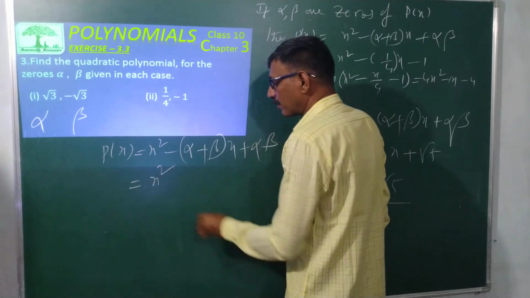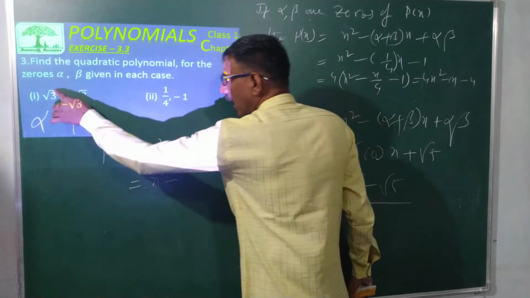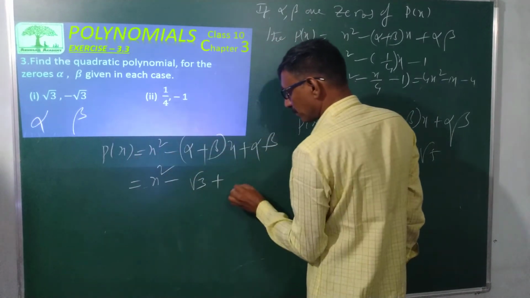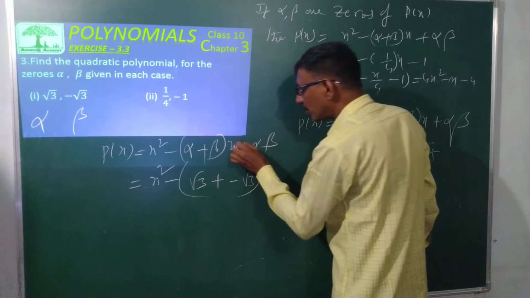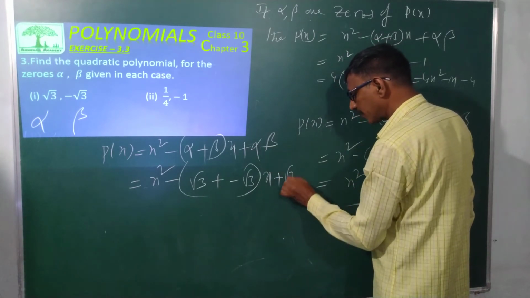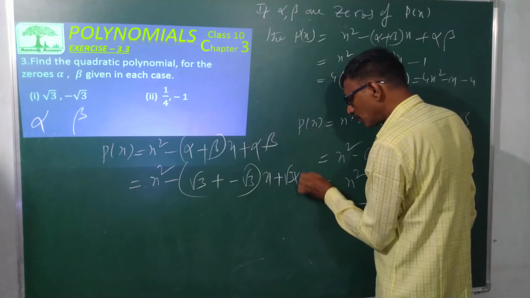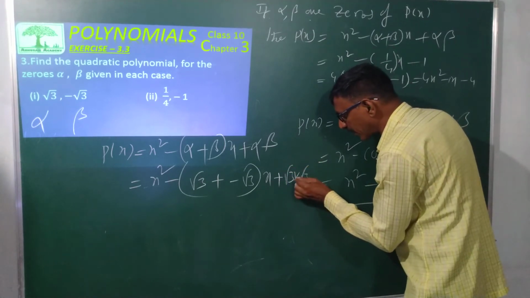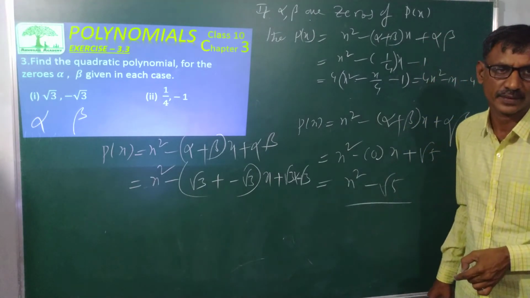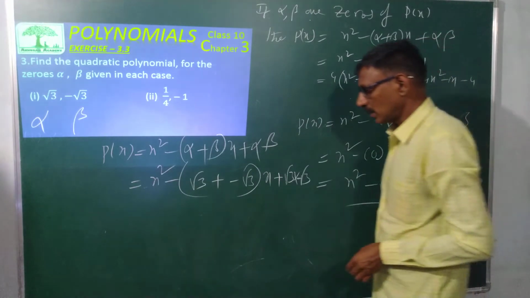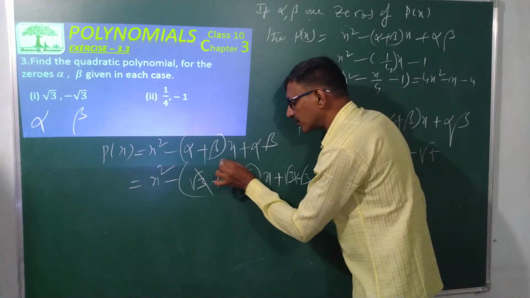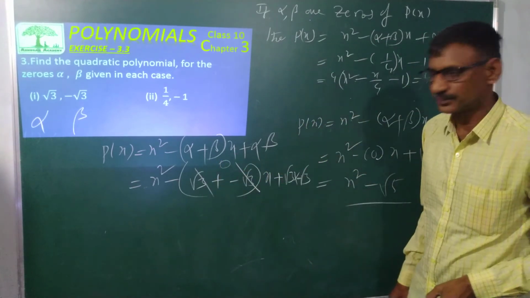Coming to x square minus (alpha plus beta), my alpha is root 3, my beta is minus root 3, into x plus alpha into beta, root 3 into root 3, that's all, with the minus because one root 3 is positive and other root 3 is negative. Plus root 3 minus root 3 get cancelled. This is nothing but 0. 0 into something is 0.